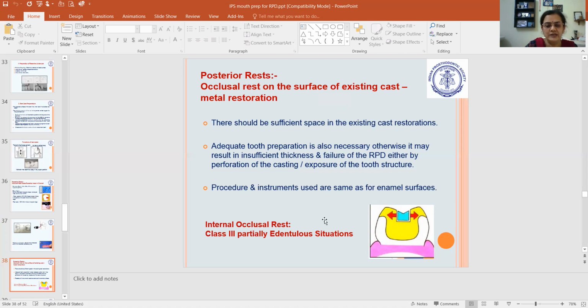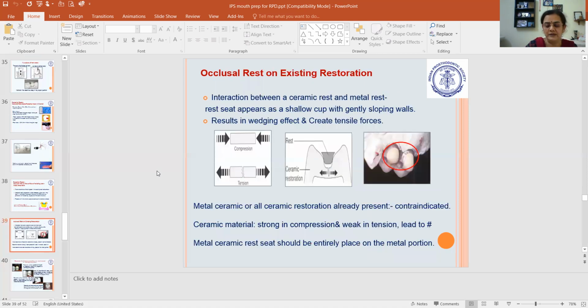It helps in horizontal stabilization of the partial denture and also improves the aesthetics.